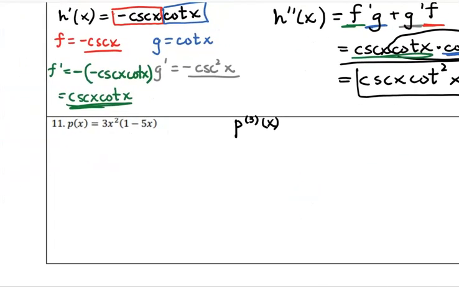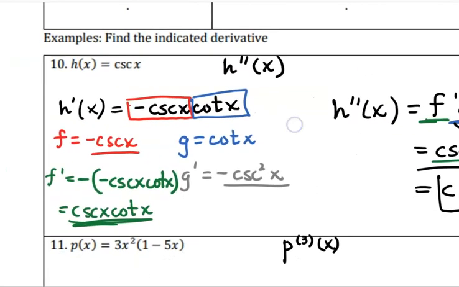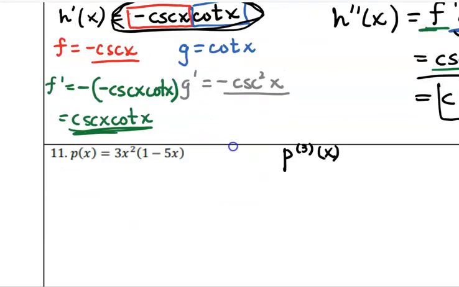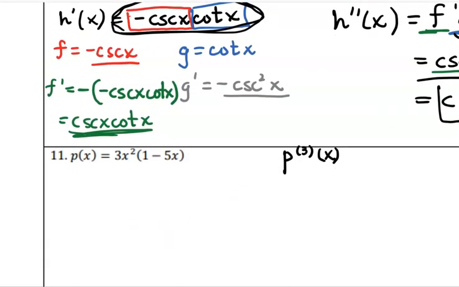For our last example, we want to find the third derivative here. If this were a problem on a test or a quiz, I would not expect you to use the product rule to find this derivative. For example, up here, this function, you definitely have to use the product rule. I guess you could use the quotient rule if you start rewriting it to get some trig identities, but that's not necessary.